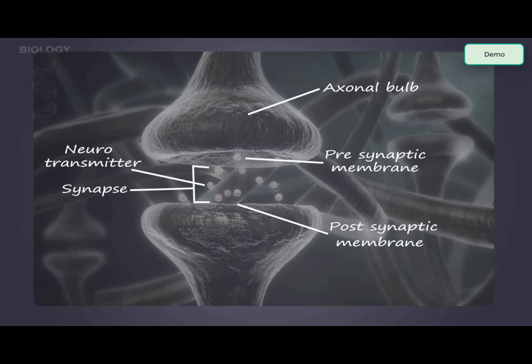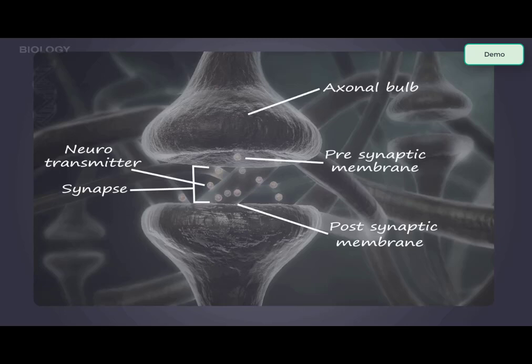Between 24 to 30 neurotransmitters have been identified, but acetylcholine, adrenaline and noradrenaline are the main ones, and dopamine and serotonin are also neurotransmitters. For us, acetylcholine, noradrenaline and adrenaline are the main neurotransmitters.